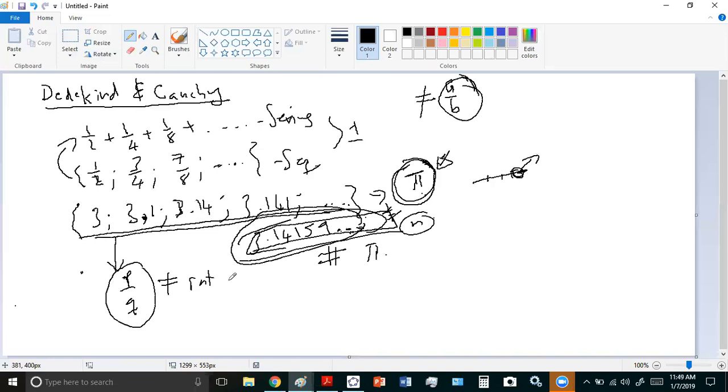Not rational, all right? So it can be expressed like this, but the way the morons express it is 3.14159..., meaning that that is a unique expression of pi in base 10, right? Which is total garbage. Just like when they say 0.333 in base 10 is equal to a third.